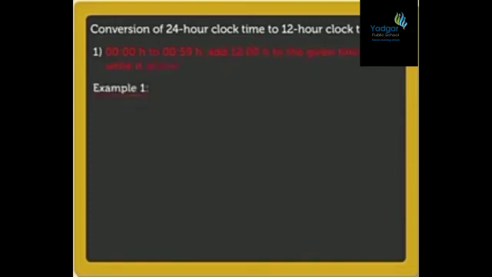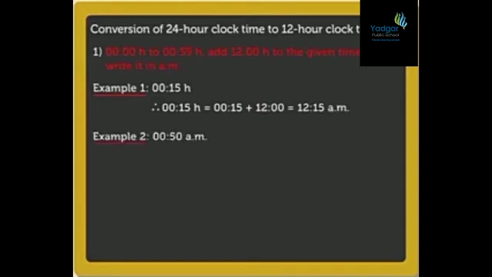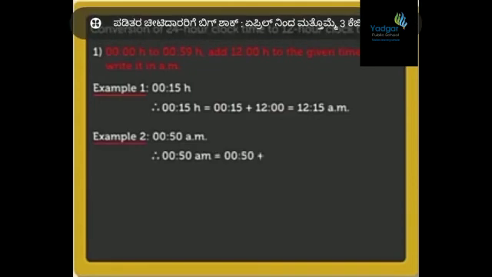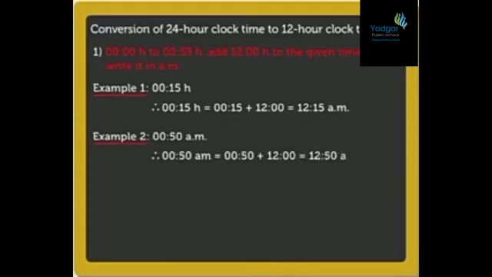For example, if the given time is 15 hours, then add 1200 hours to 15 hours, which makes 12:15 AM. 50 hours will be equal to 50 hours plus 1200 hours, which is 12:50 AM.